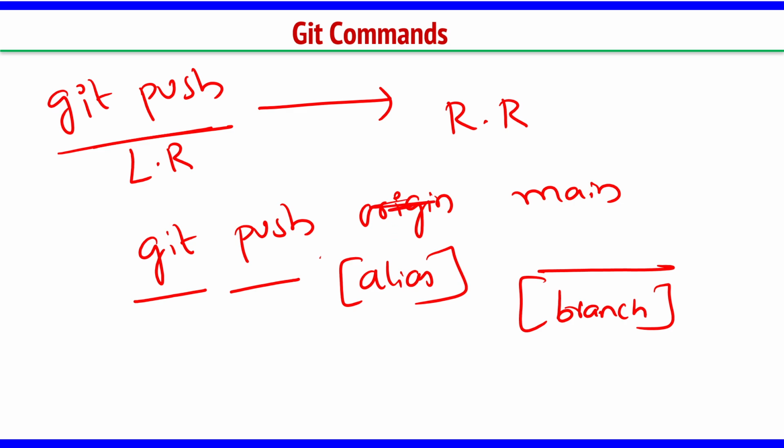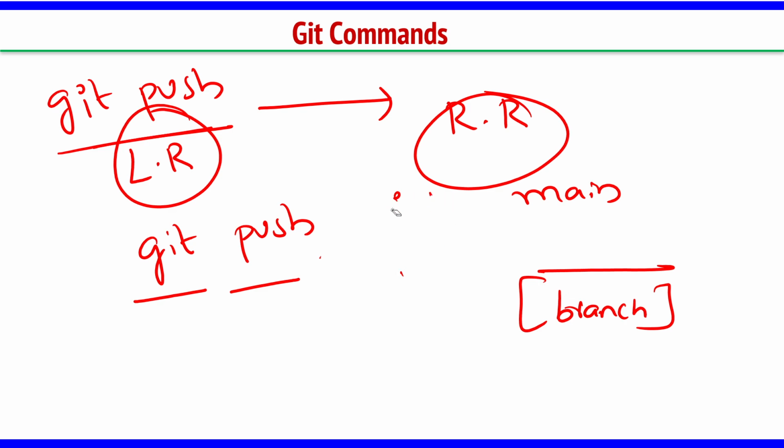When I put origin here, origin means whatever originally is there in my local repository, let the same be reflected in my remote repository. So I gave origin, but you can give any alias name also. So that is about git push.